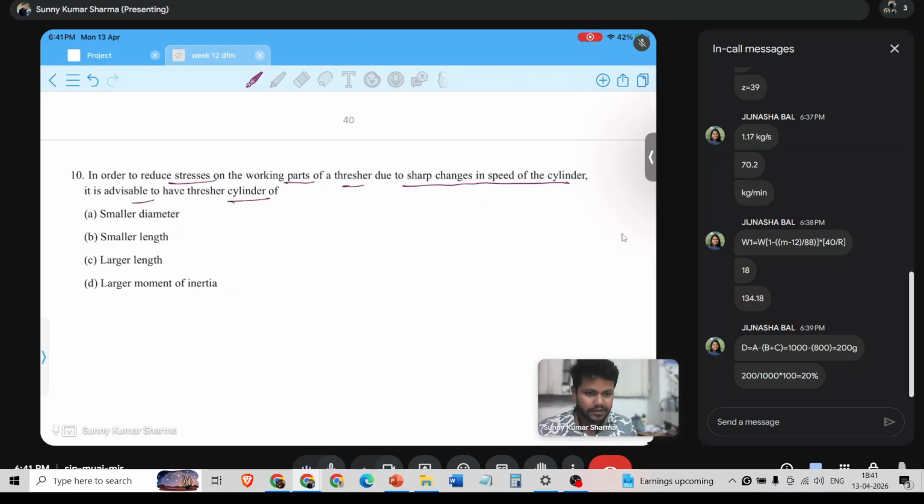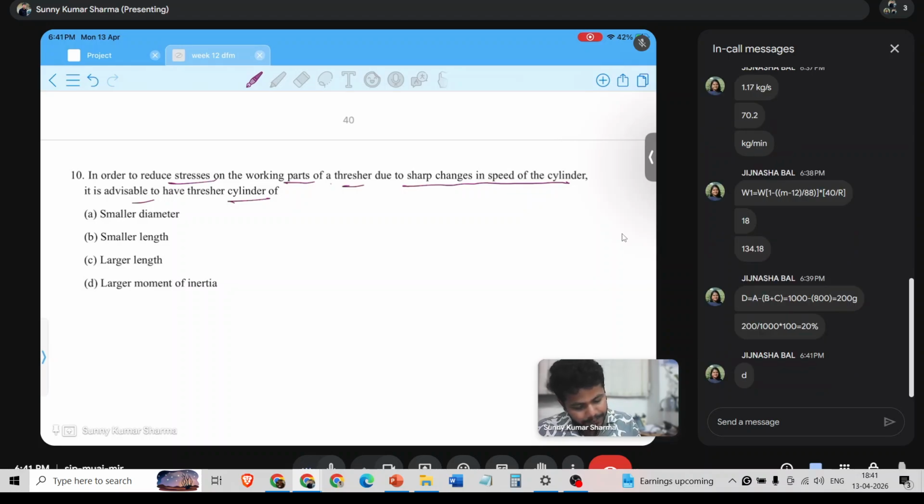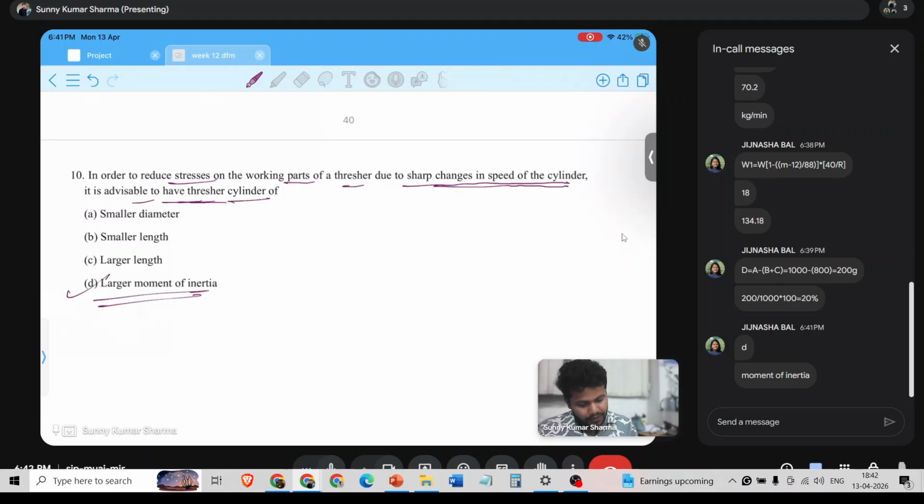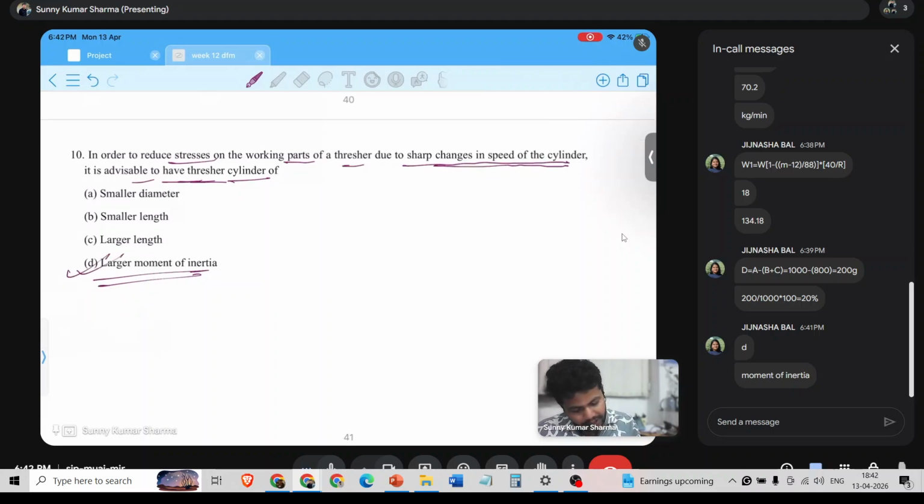We have just discussed it above. We need to have a cylinder of larger moment of inertia. From the graph, from that figure, we have seen that larger moment of inertia is advised for reducing stress.